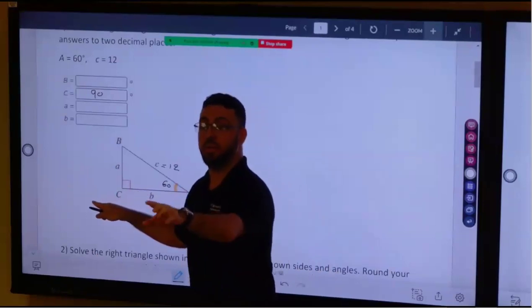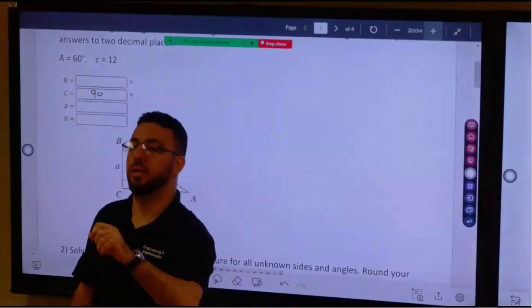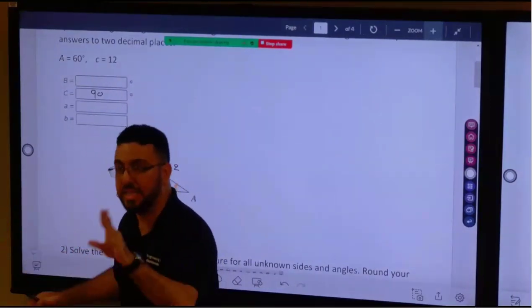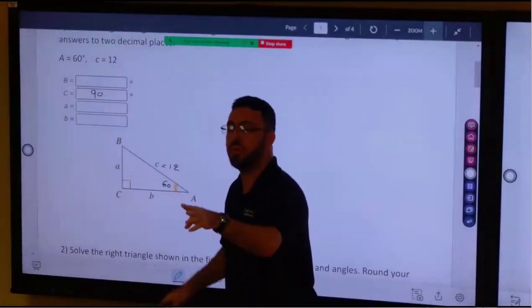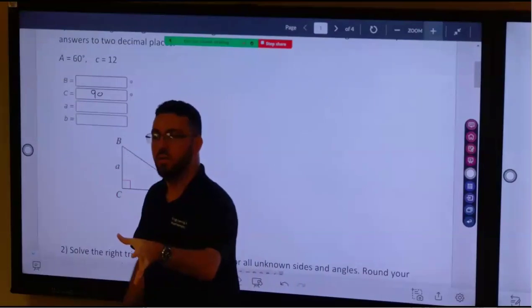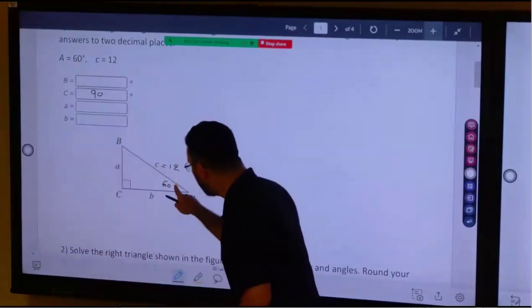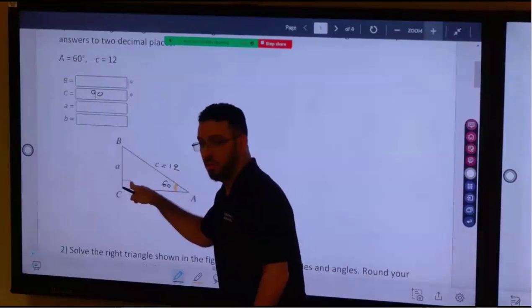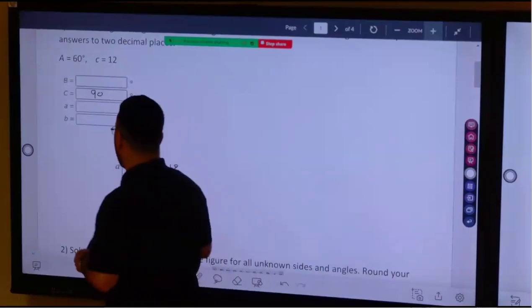Remember, because it's a right triangle, the addition of the complementary angles, the 2 angles, equals 90. So 90 minus 60 is going to be 30.